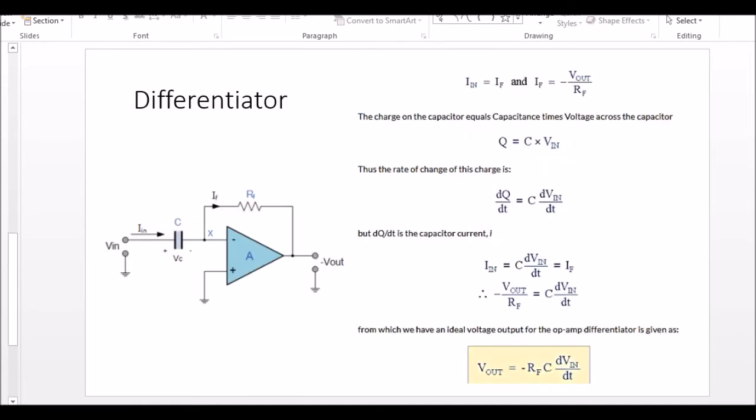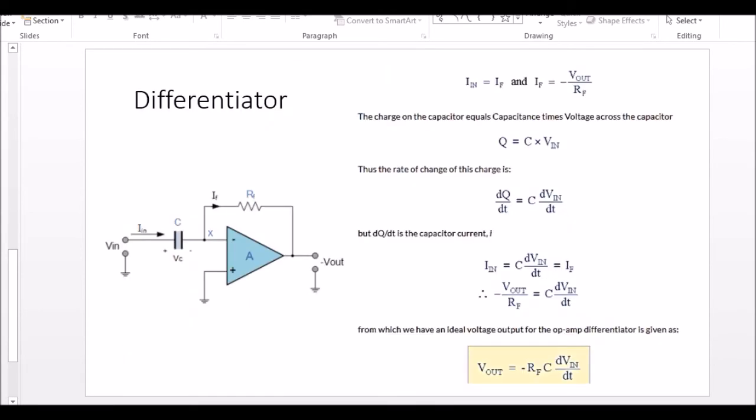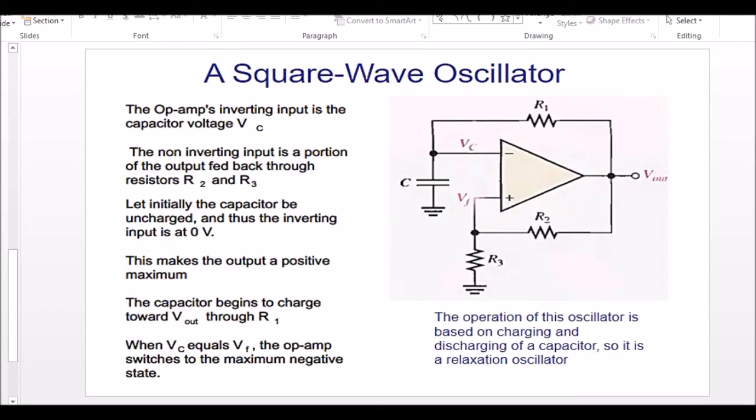So the final oscillator will be producing your square waveform, so it's a square wave oscillator. Now this oscillator comprises a differentiator. This is the circuit of a differentiator, with a capacitor in the input path and a feedback loop consisting of a resistor. And this side is somewhat similar to your comparator.